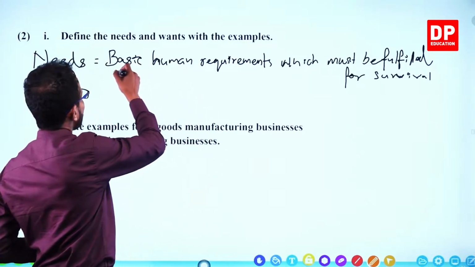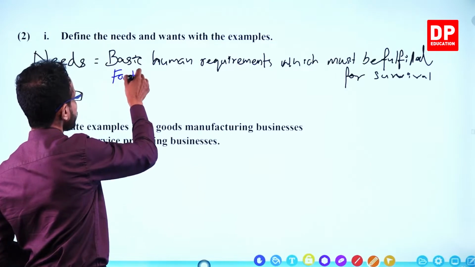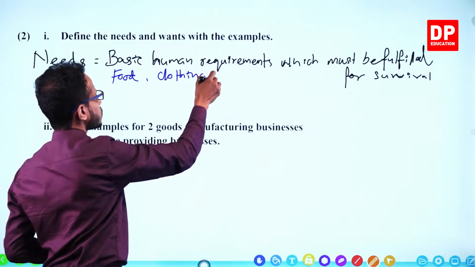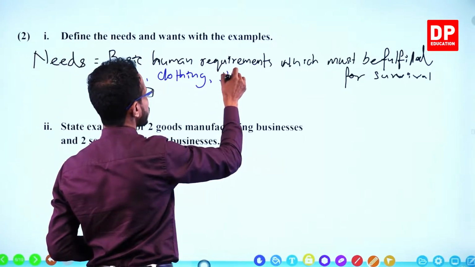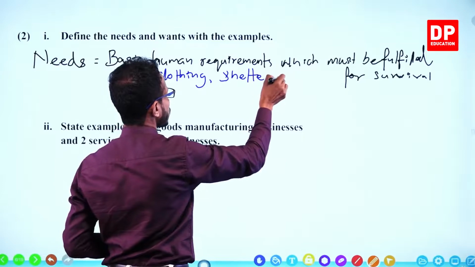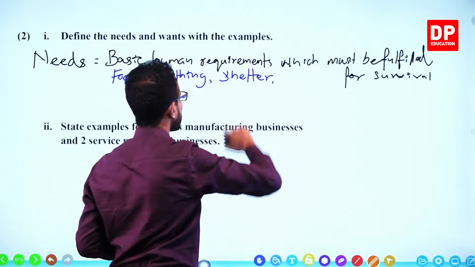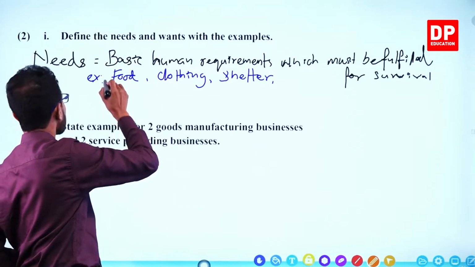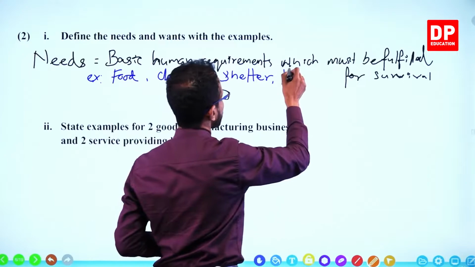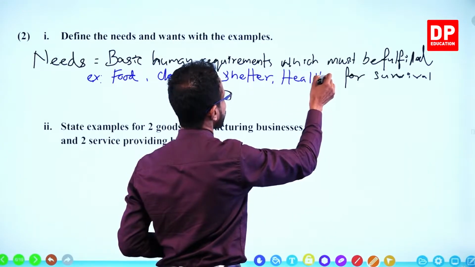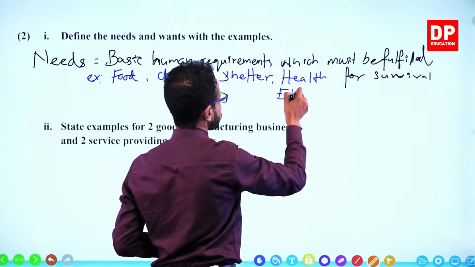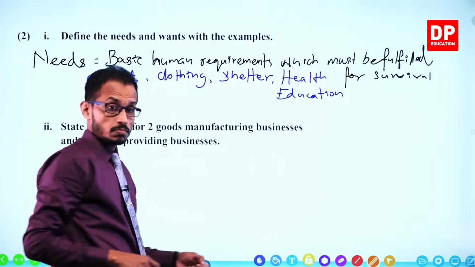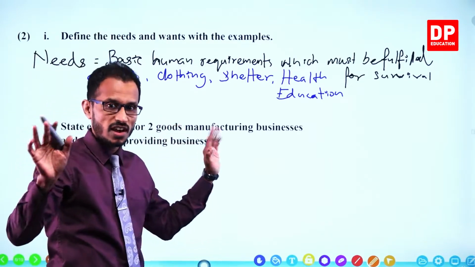The examples: food, clothing, shelter, health, and education. There you go. We wrote 5 examples.